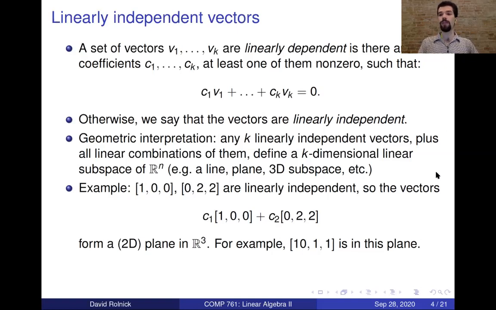So this vector is a linear combination of the others. And since (10, 1, 1) is a linear combination of these other vectors, that means that all 3 of them are linearly dependent. But yes, (10, 1, 1) is in this plane, and all of those things together form a 2-dimensional subspace.